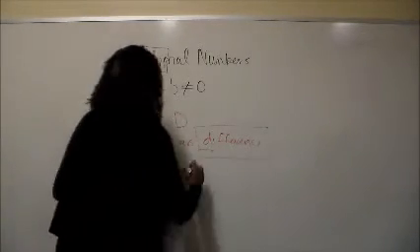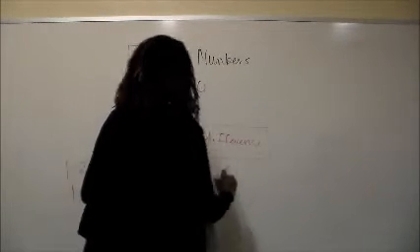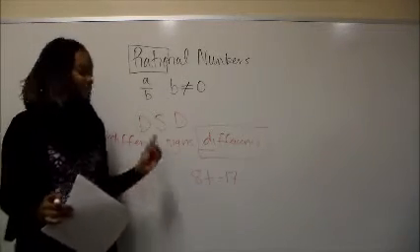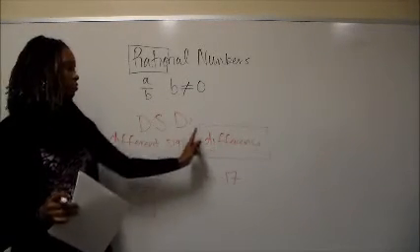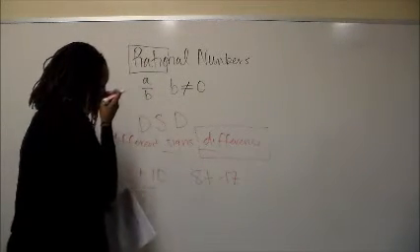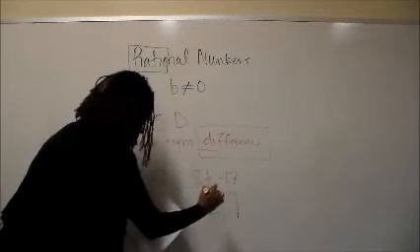Let's do another example. We have 8 plus negative 17. Again, different signs, difference. What is the difference between negative 17 and 8? I subtract and I get 9.